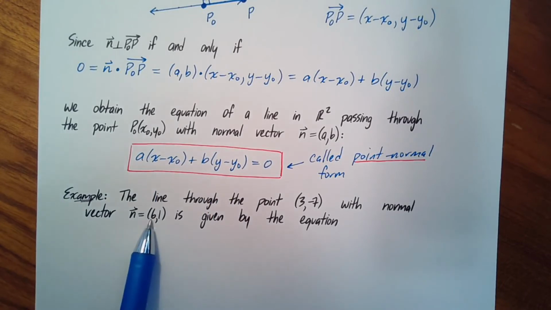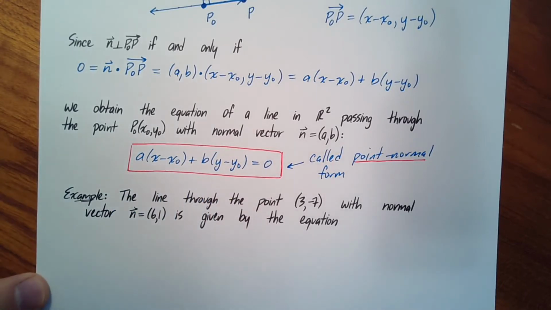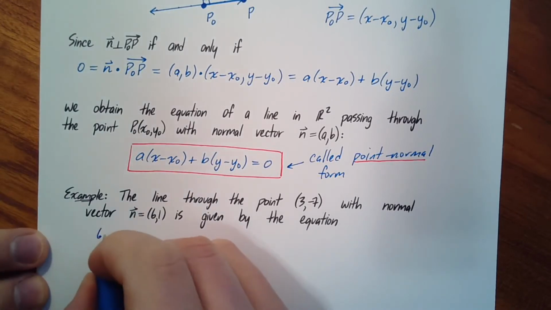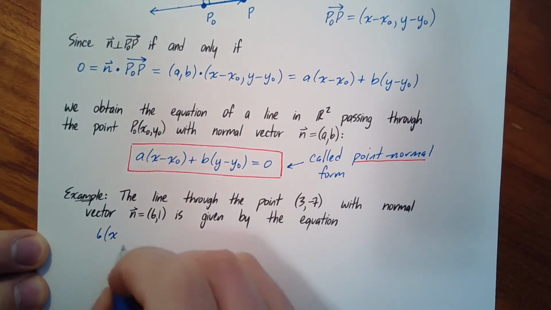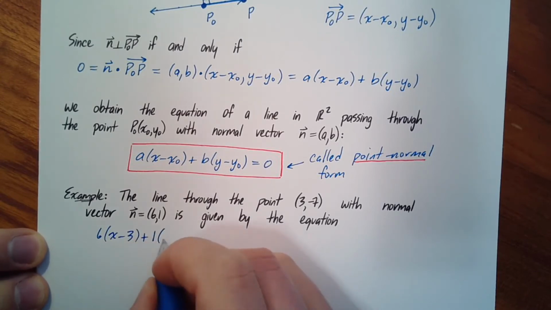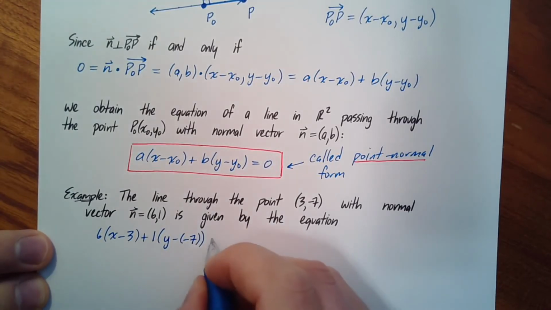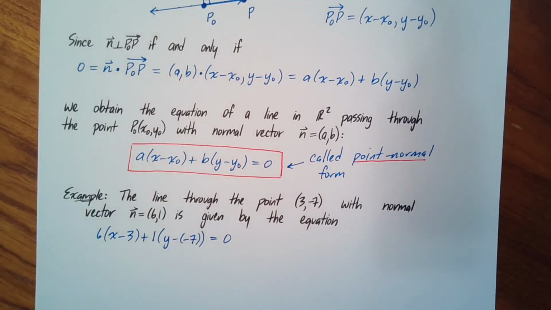And then the normal vector's coordinates 6 and 1, plug those in for a and b. So really what you're going to get is 6 times x minus 3 plus 1 times y minus negative 7. Right, if I just plug things in directly into that formula.